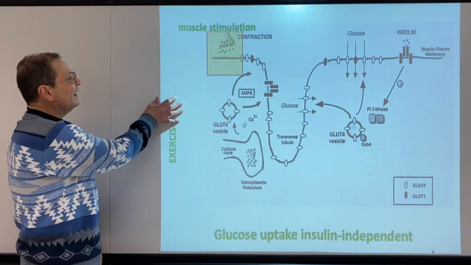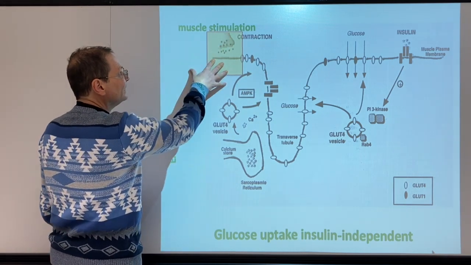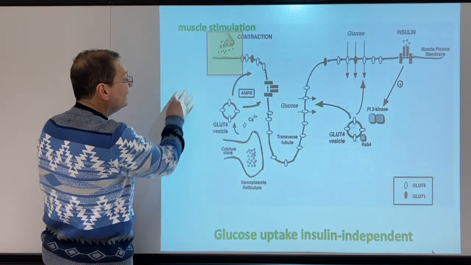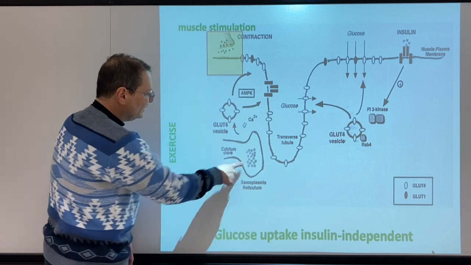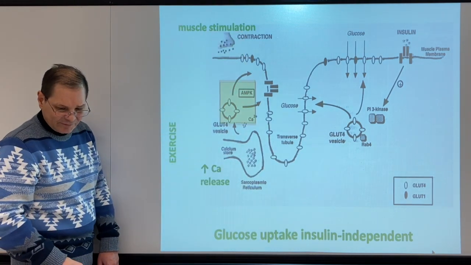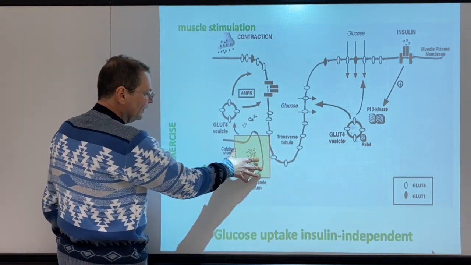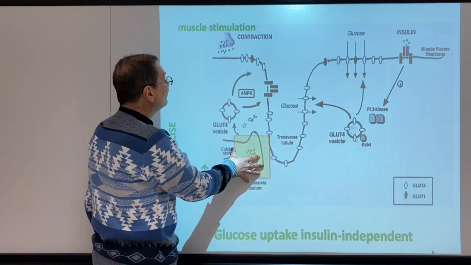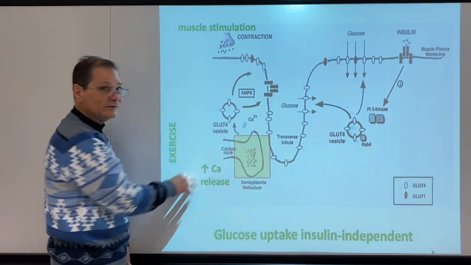So with exercise, you're stimulating the muscle to contract, you guys know that, okay? And that stimulation is causing the release of calcium from the sarcoplasmic reticulum. It does this in skeletal muscle in the same way that it does in cardiac muscle, okay?